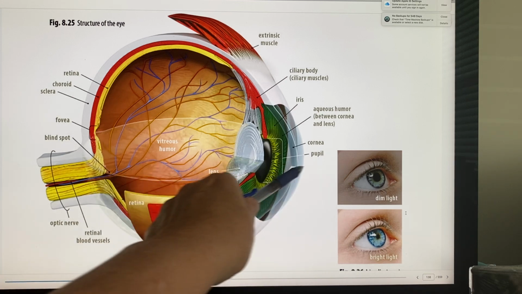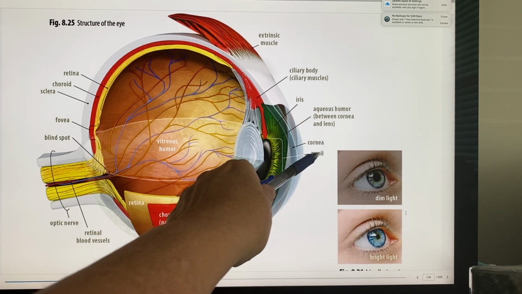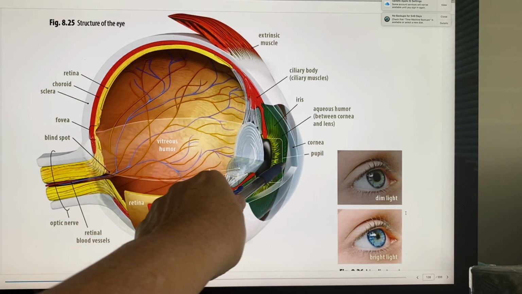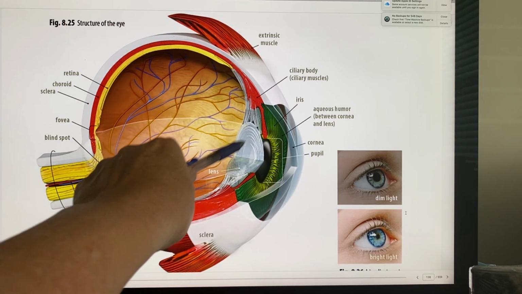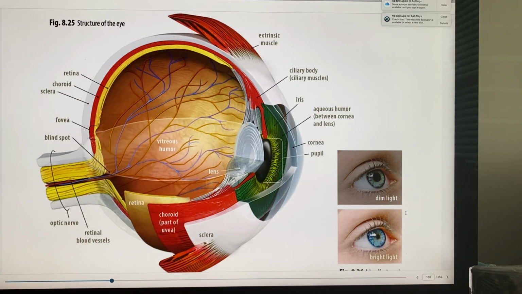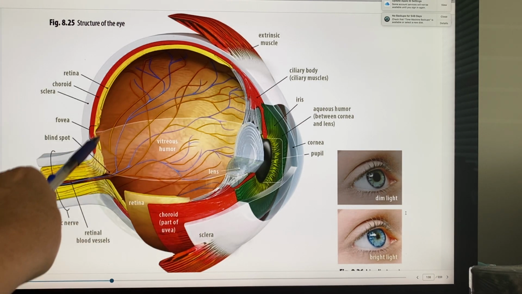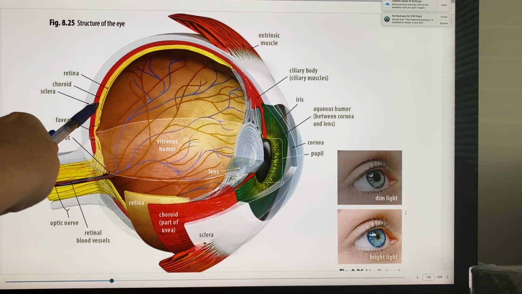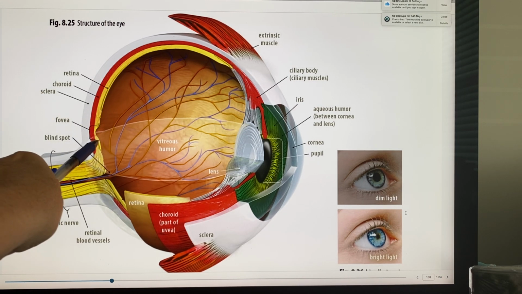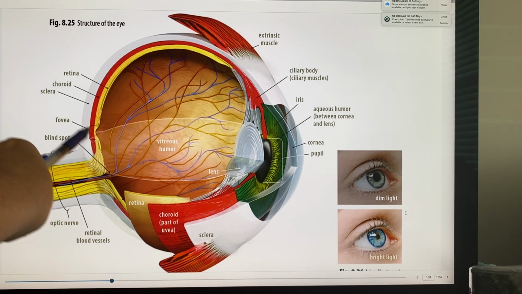The light's coming through the aqueous humor from the cornea down the pupil, and this lens is going to bend whichever way to focus the light on the retina, where it's going to bring the picture into our retina, which is this part here. And the fovea is one of the points where it's going to bring this in.